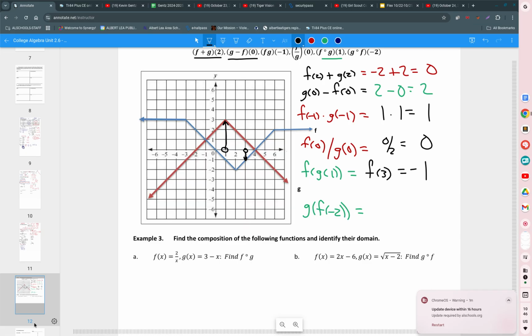You see I get 3 on the x-axis, right? But then I'm looking for the height of f, which is negative 1. That's how you get your answer. g was positive, but I'm looking for f. Oh, yeah, I got it. Okay, better? Yeah.